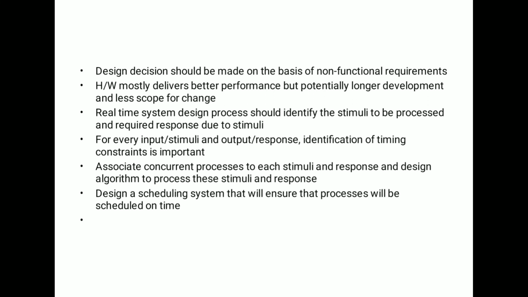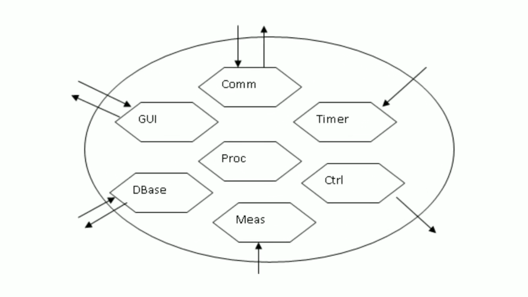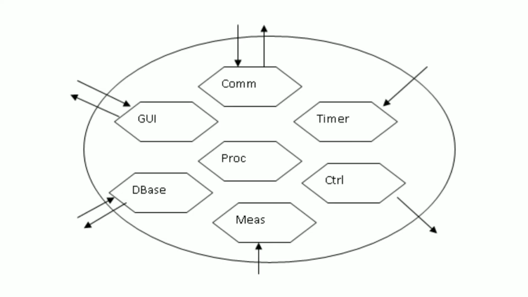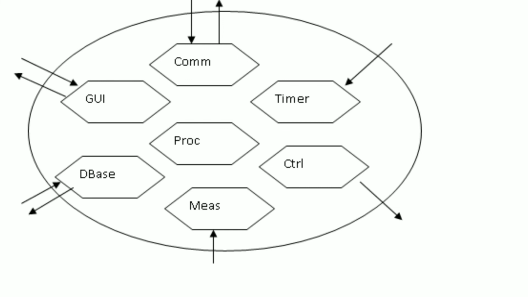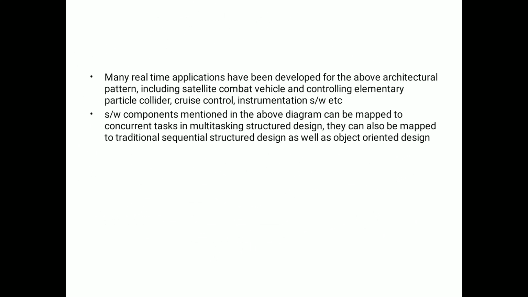Design a scheduling system that will ensure the processes are scheduled on time. You can see here GUI, communication, timer, control, message, and database, with the procedure at the center. To and fro communication from each is possible in this architecture.